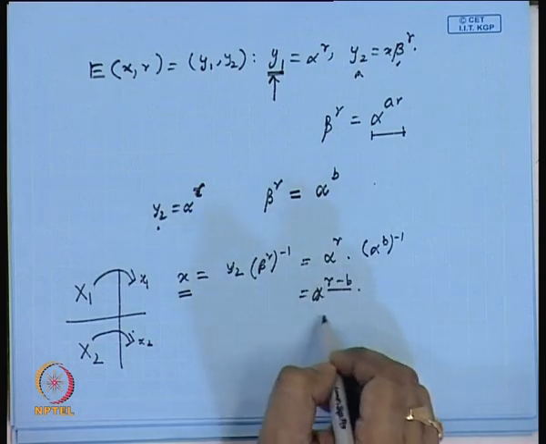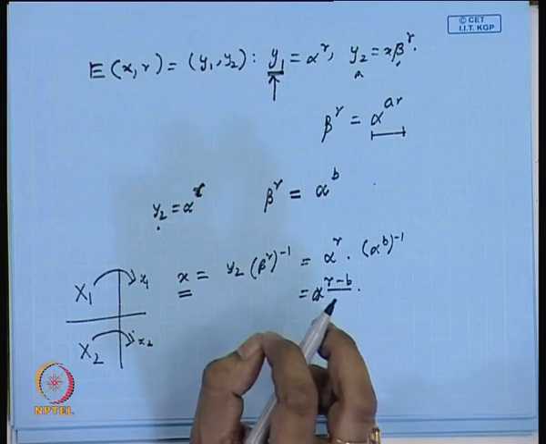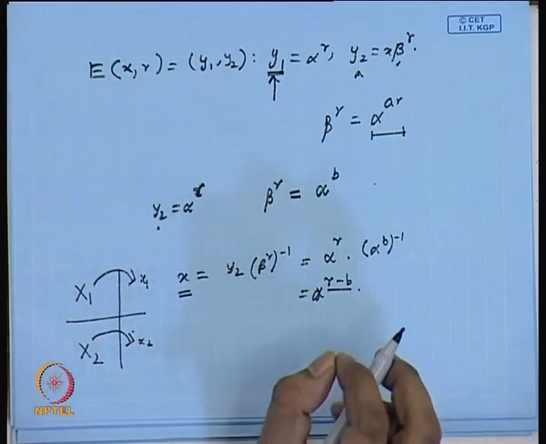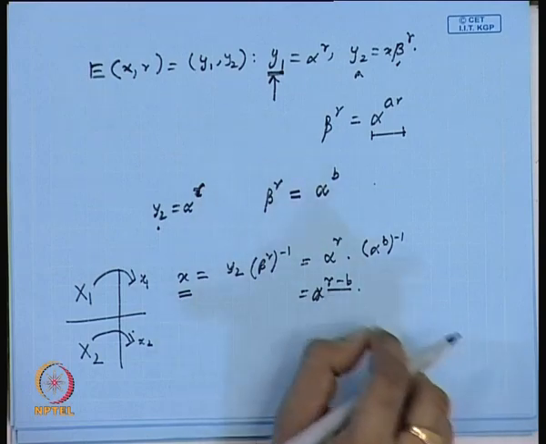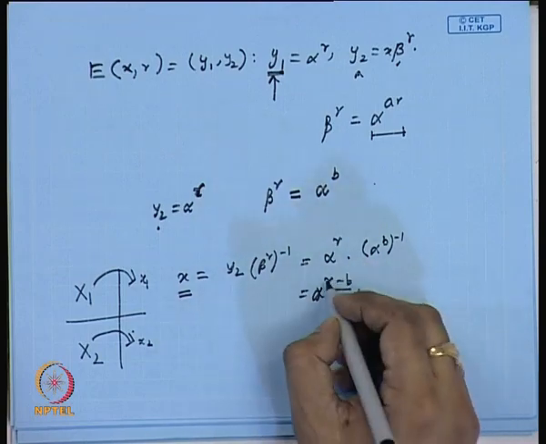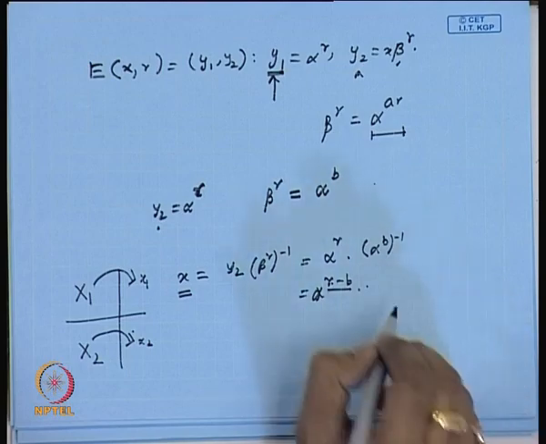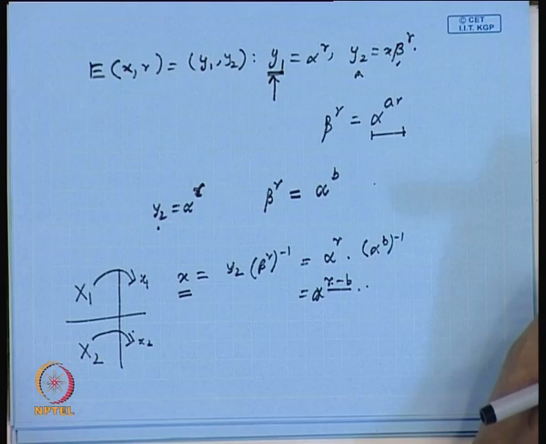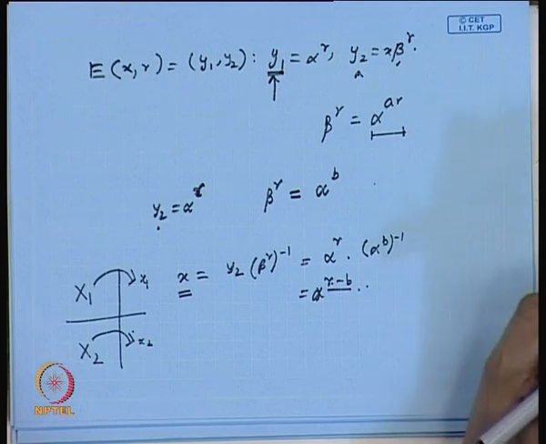From this I can understand whether x1 has been encrypted or x2 has been encrypted, because I will check the parity and see whether both r and b are even or both r and b are odd. If both are even or both are odd, then it indicates that x is a quadratic residue. You see that? Otherwise x is a non-quadratic residue.